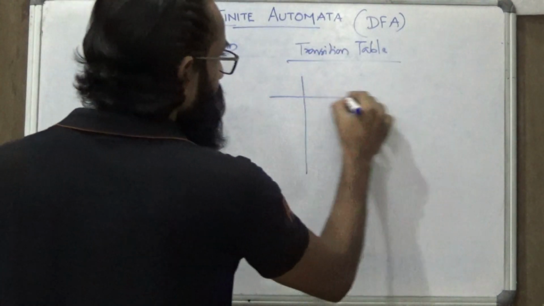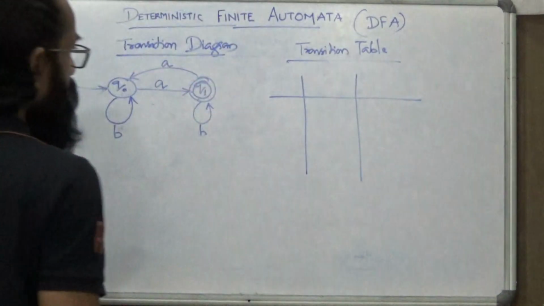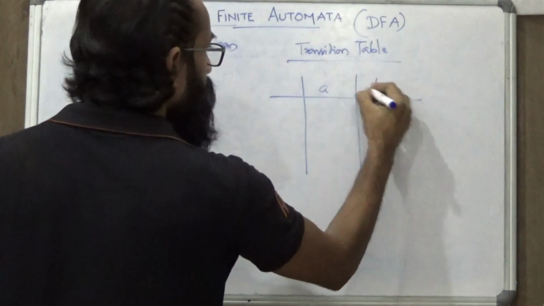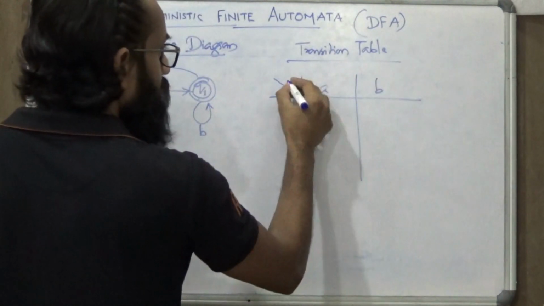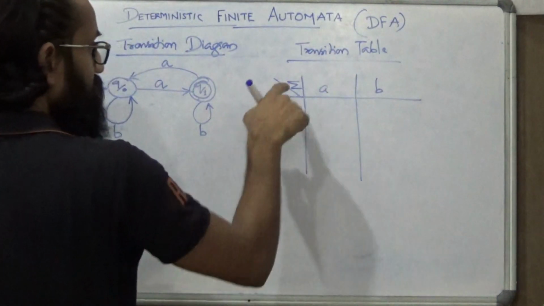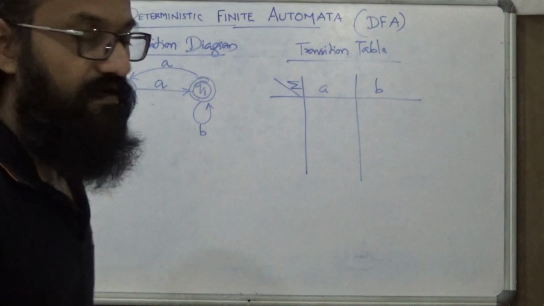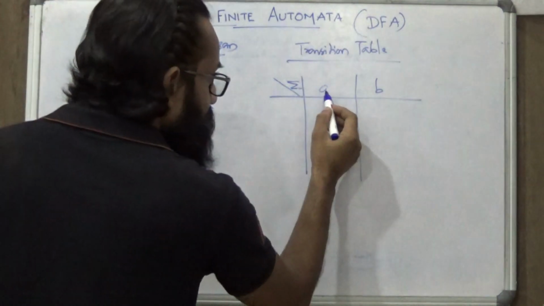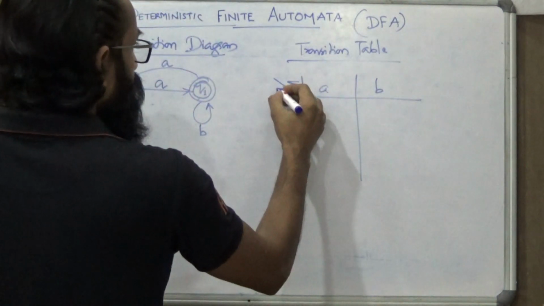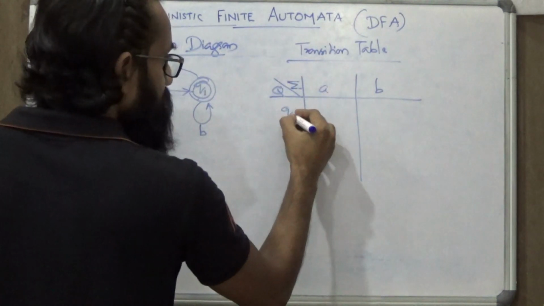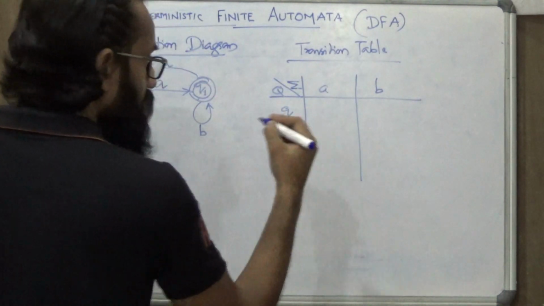So you have the machine name. You have only two alphabets, A and B. In this way you represent the alphabets. As I said, the set of alphabets is represented using sigma, so the set of alphabets is the set {A, B}. Now here you have to write the set of states. You have states Q0 and Q1.